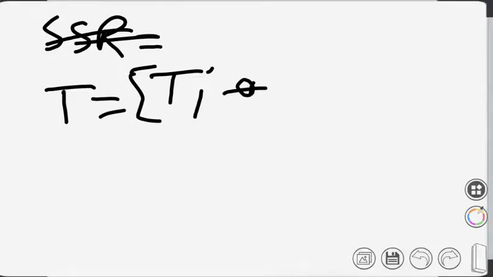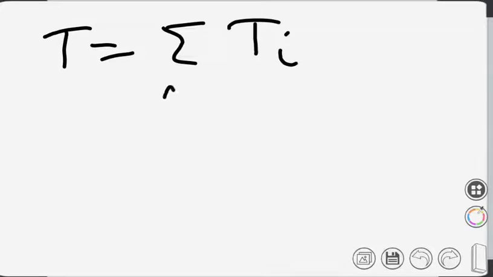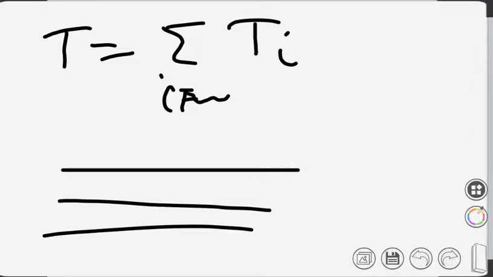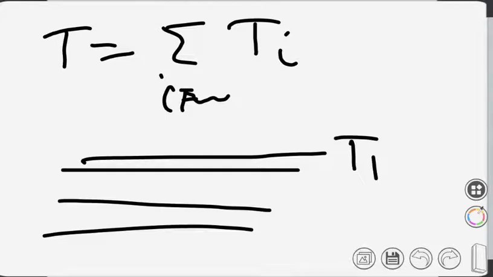Let me explain what I mean by writing this. Say T is summation of capital Ti, where i is for row. In this example, I have 3 rows. For the first row sum I am denoting that by T1, second row sum by T2, and third row sum by T3.